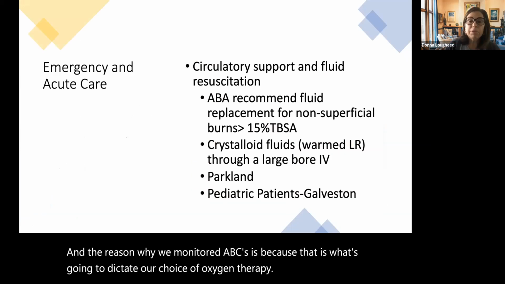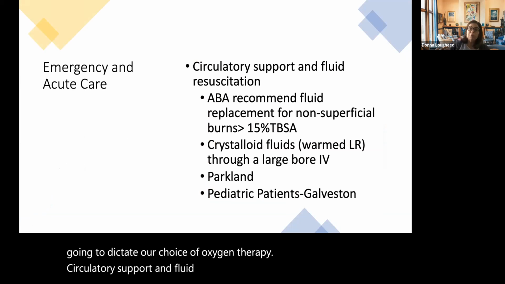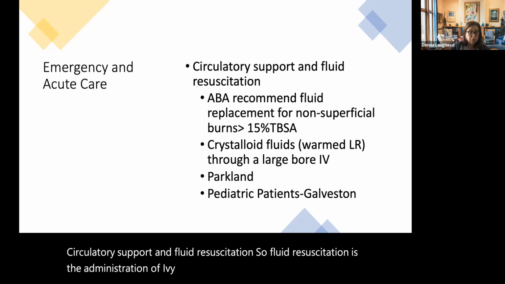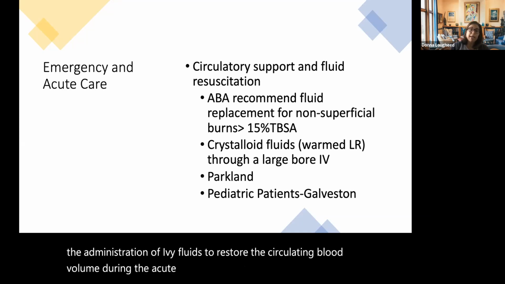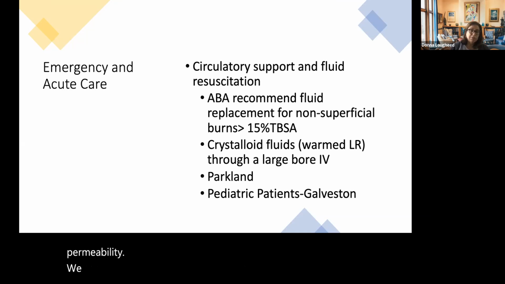Circulatory support and fluid resuscitation. So fluid resuscitation is the administration of IV fluids to restore the circulating blood volume during the acute period of increasing capillary permeability. We are attempting to counteract the effects of burn shock.